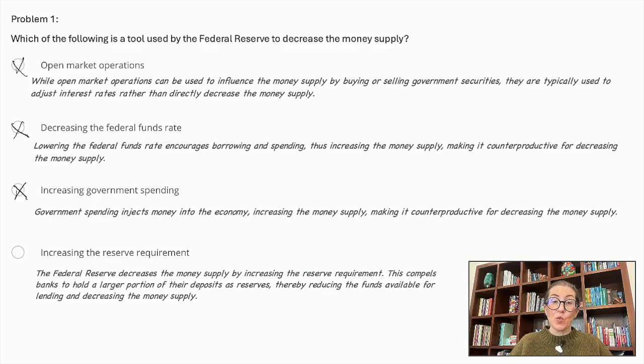This is because when the reserve requirement is increased, banks are required to hold a higher proportion of their deposits as reserves, reducing the amount of money available for lending and thus decreasing the overall money supply. So this is the correct answer.